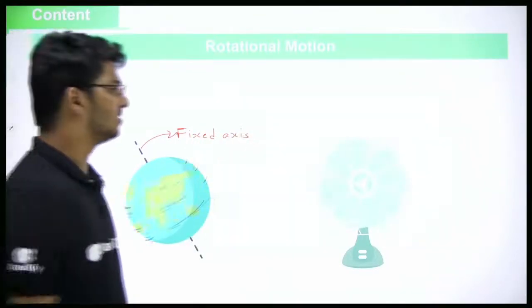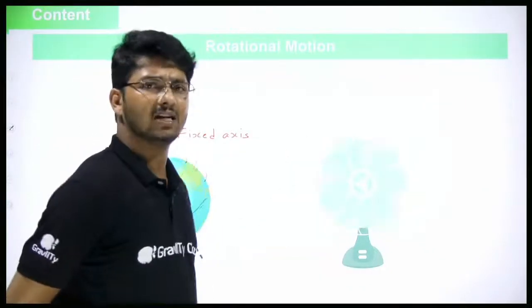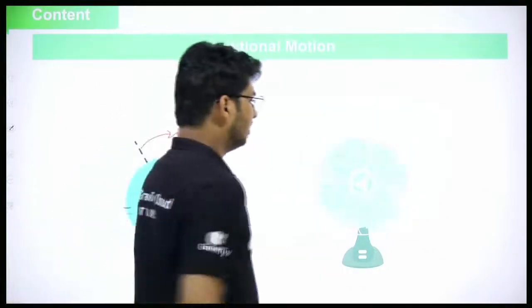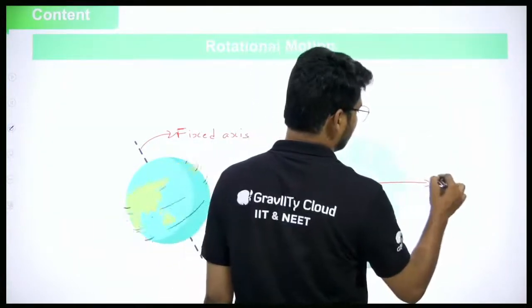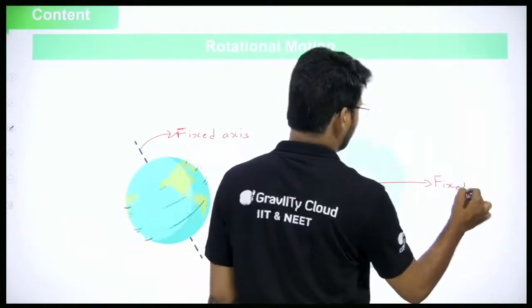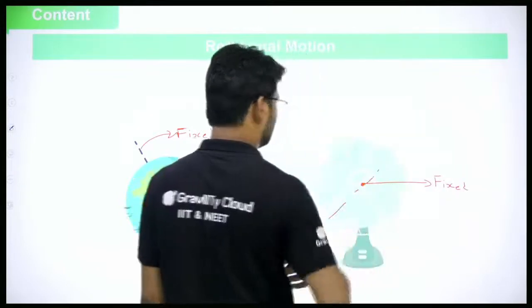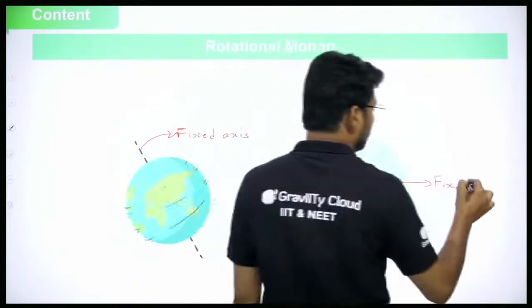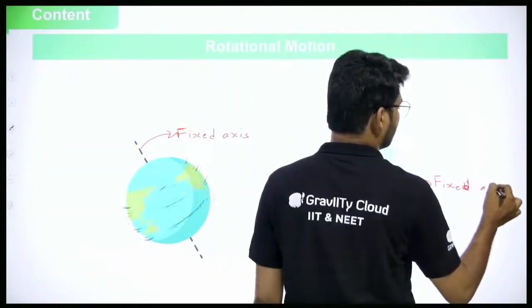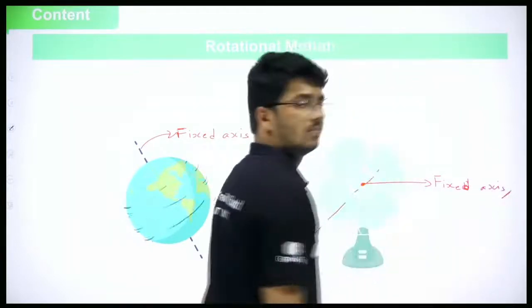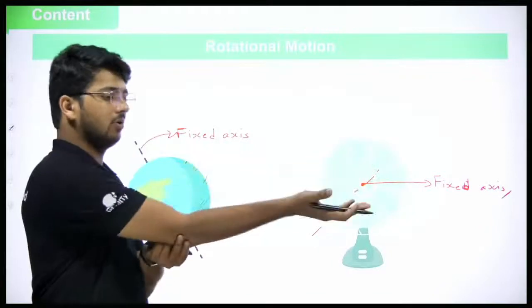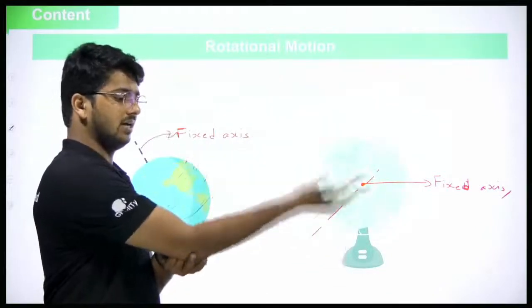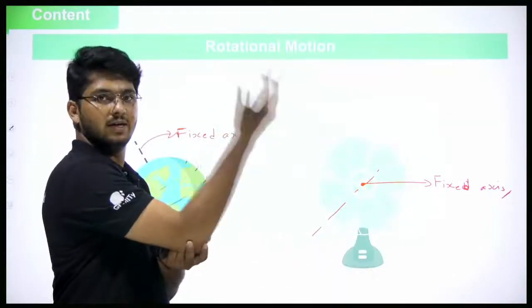Now what is fixed in a table fan? Here, at the center, everything is fixed. That's where you have the fixed line; the line goes through the center. It's a fixed axis. In fact, if I rotate my hand, is anything fixed?